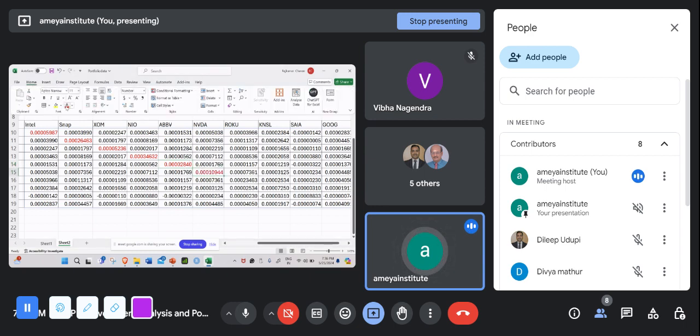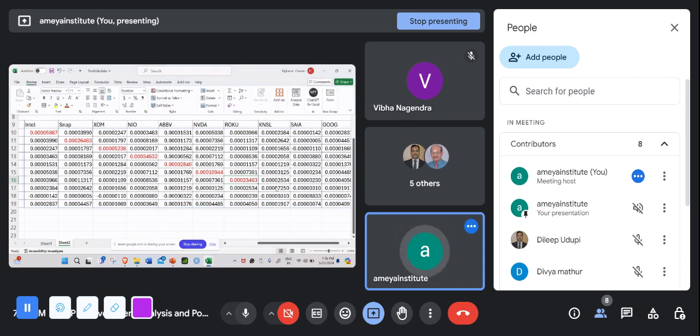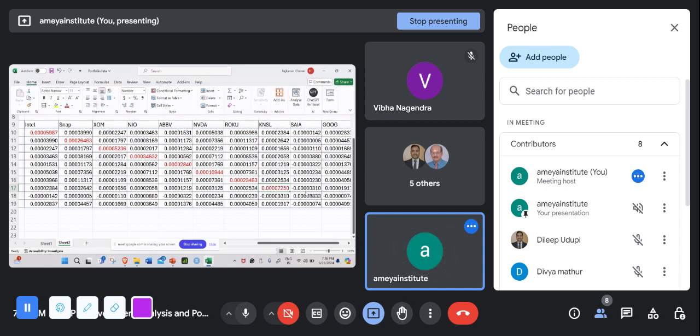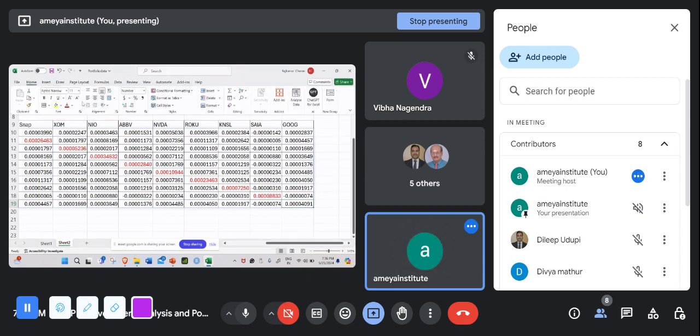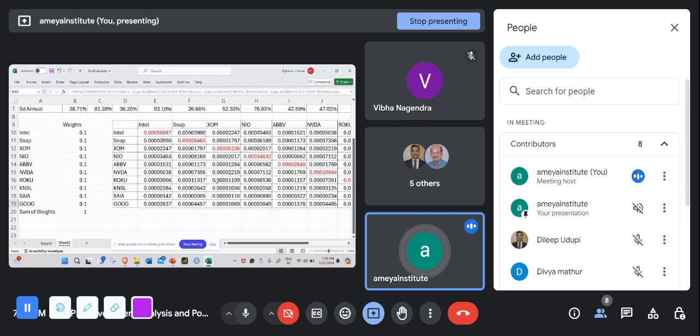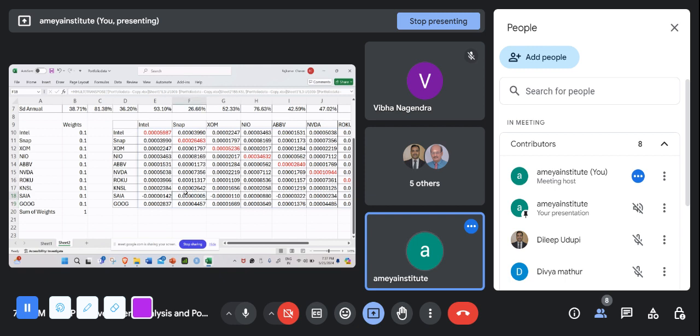Here also we have the same value. So just highlight with red color. Is it the same values of what variance we got here, and this highlighted variance, both are the same? Yes.